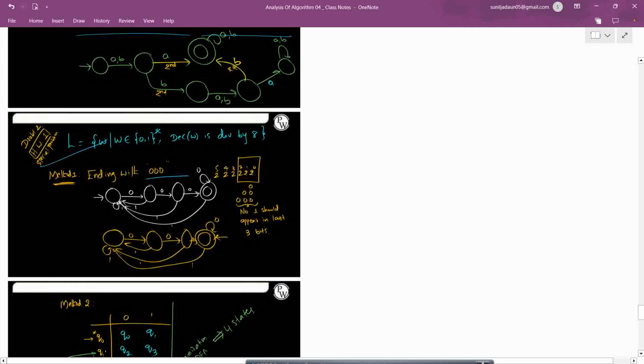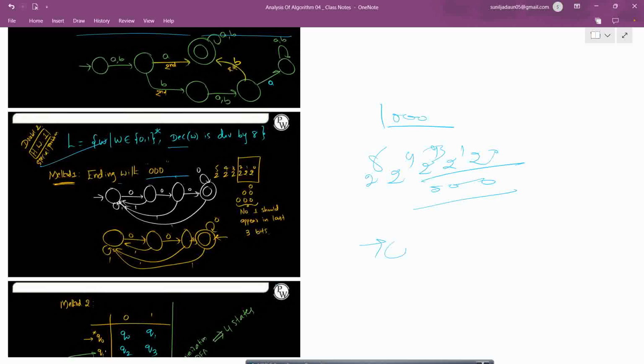Now 000. All right. So the previous question was that decimal of W is divisible by 8, ending with 000. What we see that 100, right? It should be divisible by 8. So 2 to the power 0, 2 to the power 1, 2 to the power 2, 3, 2 to the power 4, 2 to the power 5. So these are not divisible by this, ending with 0.